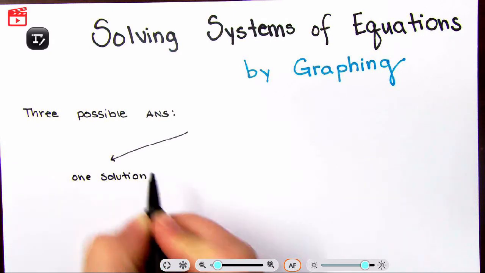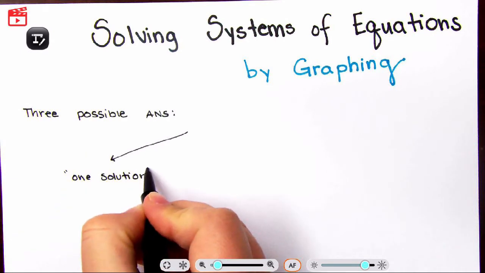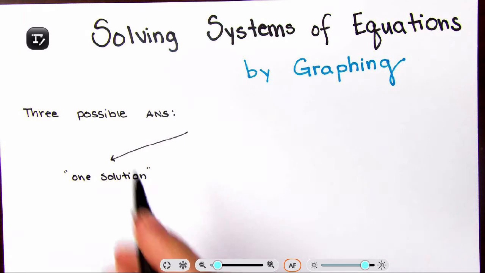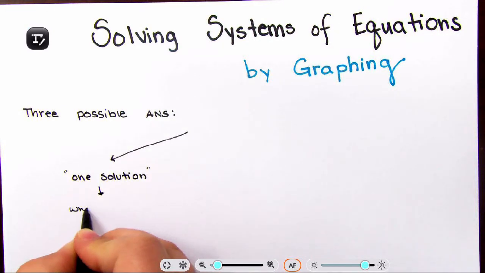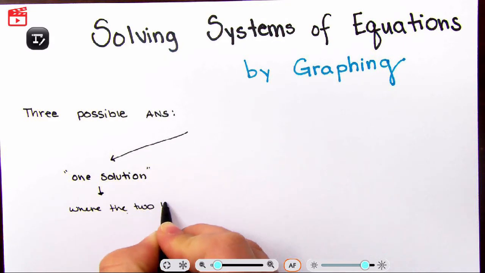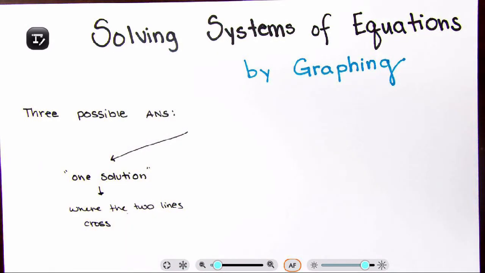Now, when you get this answer of one solution, you're not actually writing "one solution" as your answer. You're only having one solution, and that solution is where the two lines cross. The question we're asking ourselves when we're solving by graphing is how many times do the lines touch?